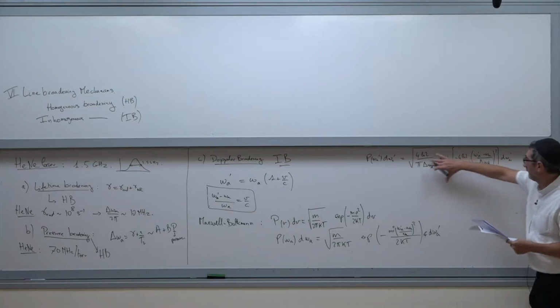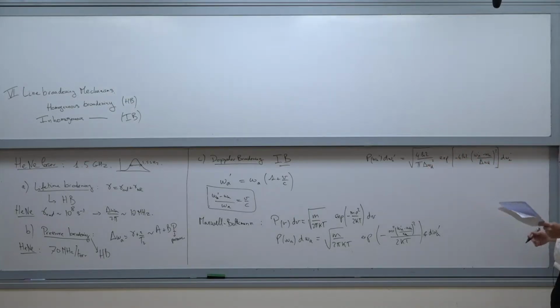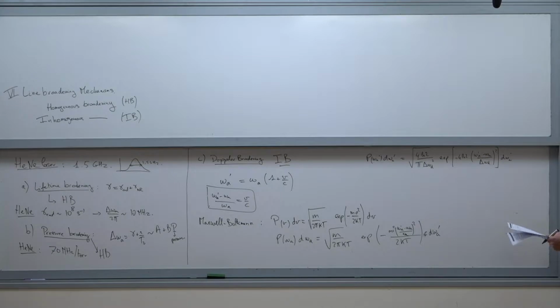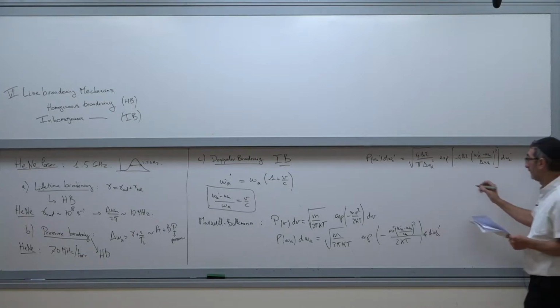So this expression here is the probability density of atoms with the resonance between omega a prime and omega a prime plus d omega a prime. Okay? I write it.